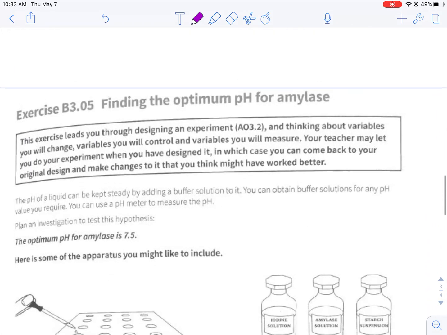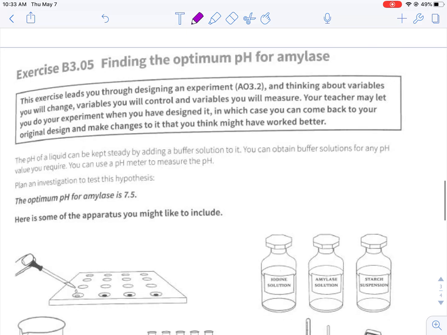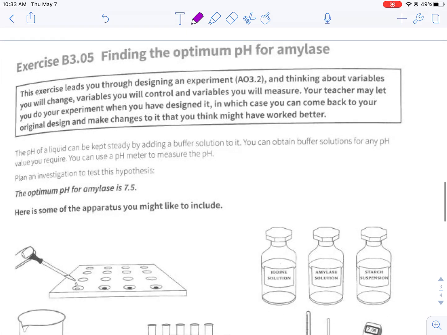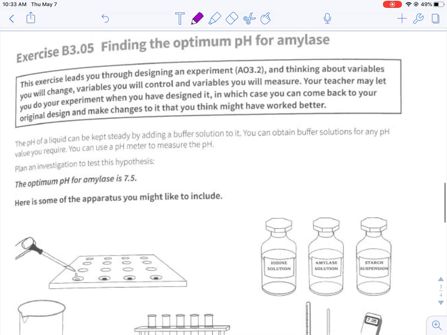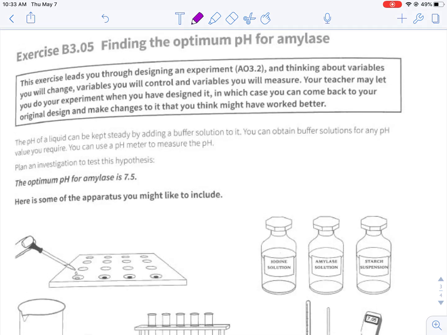Then we go to look at the optimum pH for amylase, and in this part of the assignment you have to pretend that you are designing this experiment. So what would you do if we were in class and able to actually carry this out?